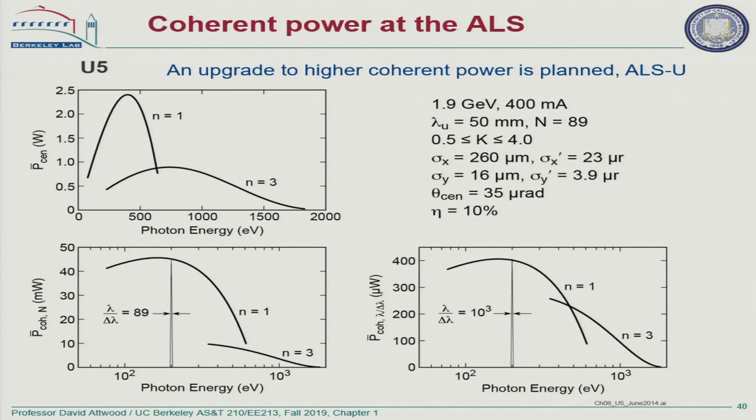And then the last one is if we go down to 10 to the third temporal coherence, and then it's in the microwatts or hundreds of microwatts. So essentially, we can achieve basically any level of coherence if you're willing to throw away some of the power.